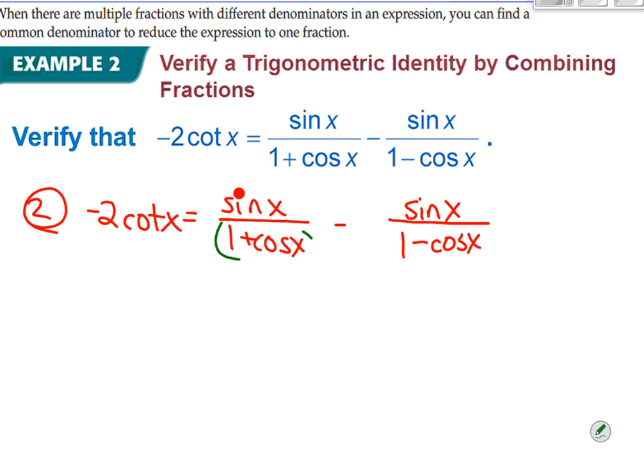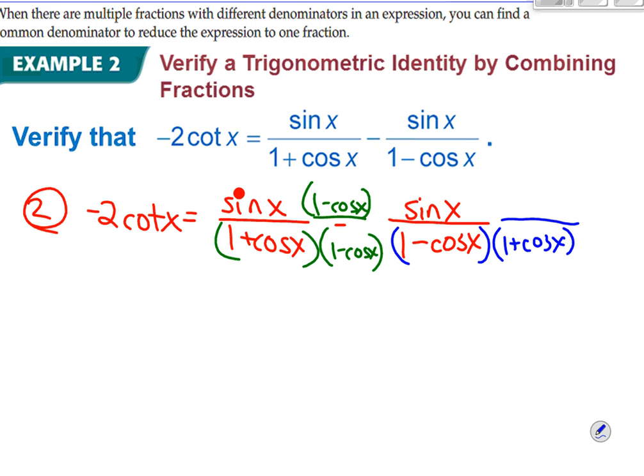So this one's 1 plus cosine x, so we're going to multiply it times 1 minus cosine x. And so we don't change the value, we'll have to have 1 minus cosine x up on the top there as well. So that's a strategy we used yesterday as well. And on the second one, it's already 1 minus cosine x. So I'll multiply times 1 plus cosine x on the top and the bottom.